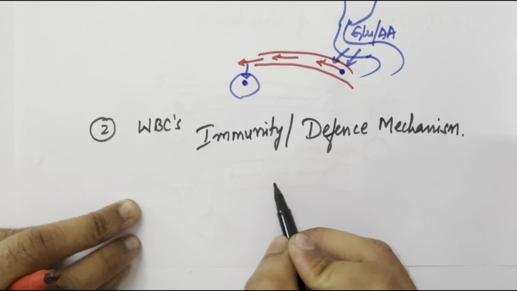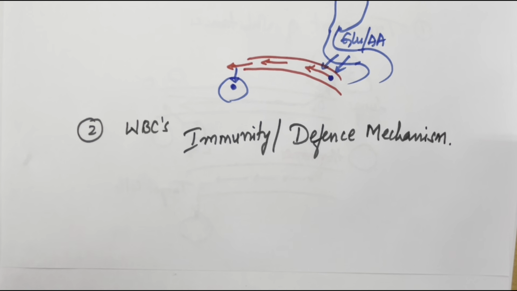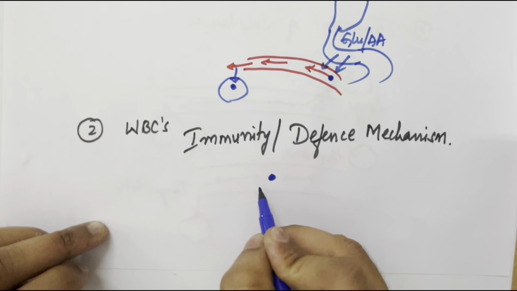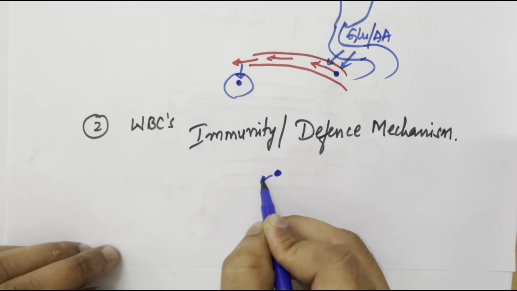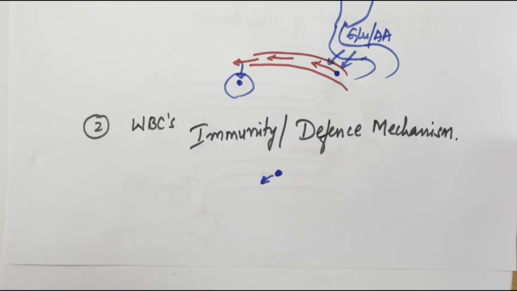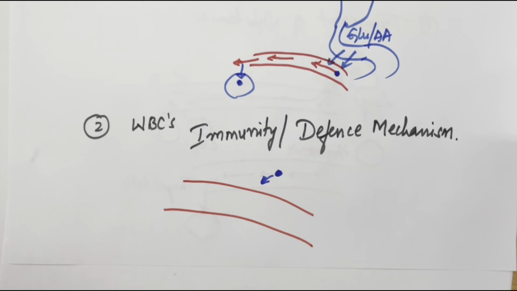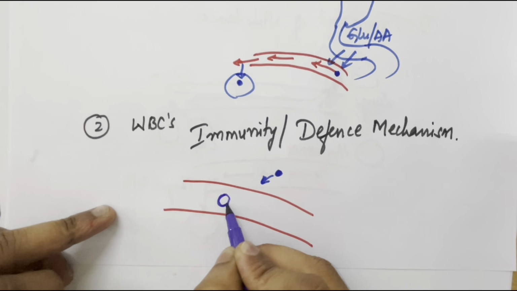So consider now, whenever any pathogen or disease causing microorganism enters the tissue, this is the blood, and this is a cell, a neutrophil.